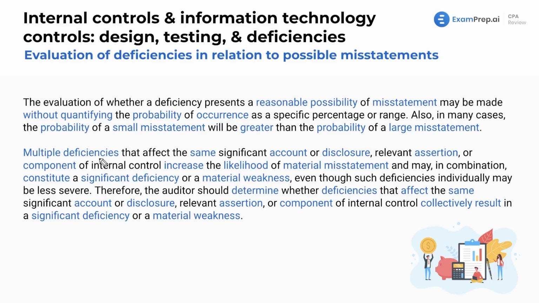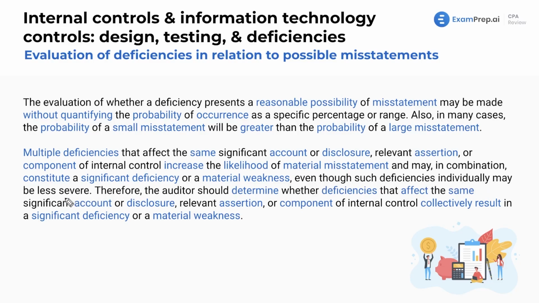Now, multiple deficiencies that affect the same significant account or disclosure, assertion, or component of internal control increase the likelihood of material misstatement. If there are multiple issues within, let's say, the revenue cycle, there are multiple checks. In any cycle, there are a lot of checks, a lot of internal controls. If there are multiple deficiencies in multiple of those checks, then obviously that's going to result in an increased likelihood of concern, even though such deficiencies individually may be less severe.